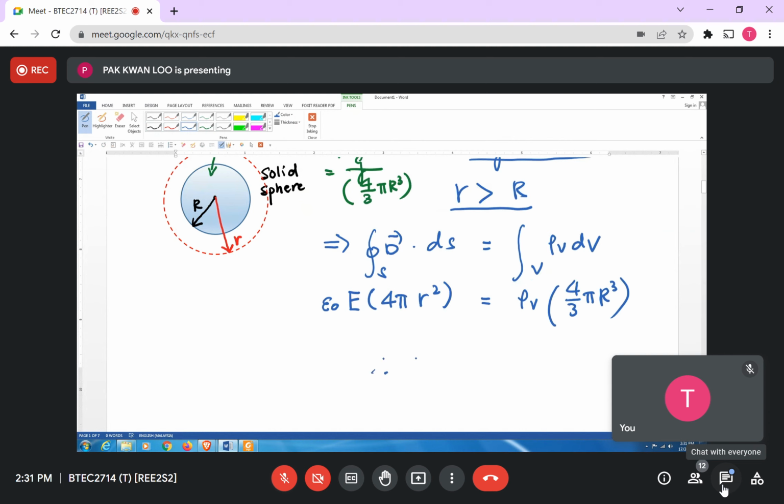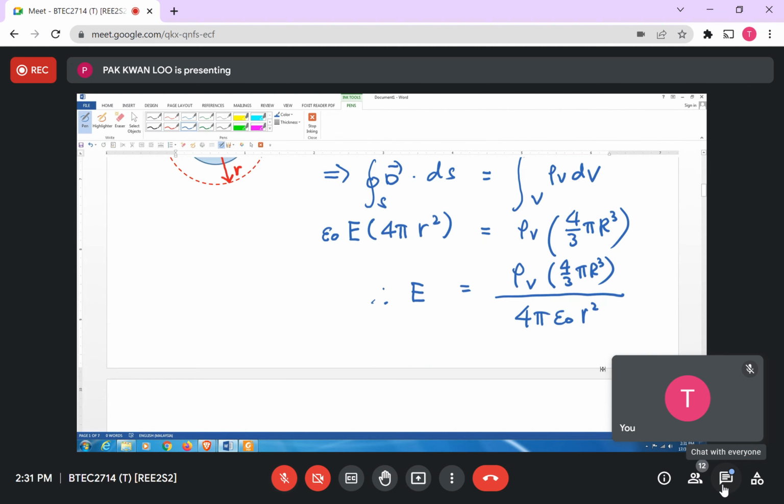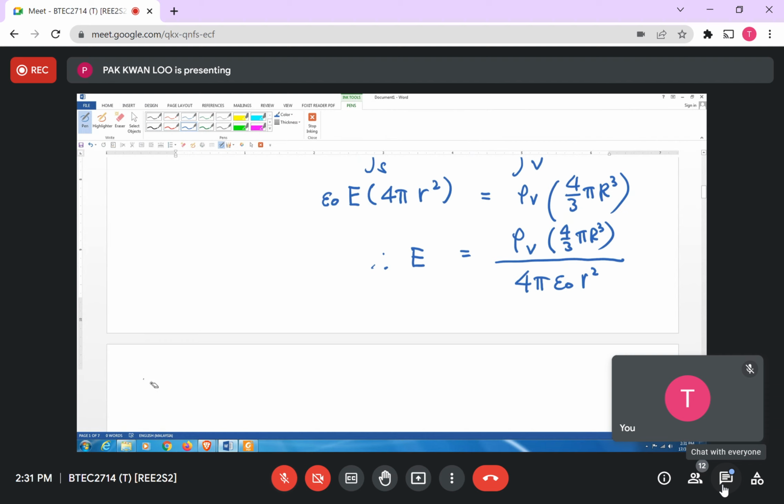So therefore E, we have rho v multiplied with the volume.